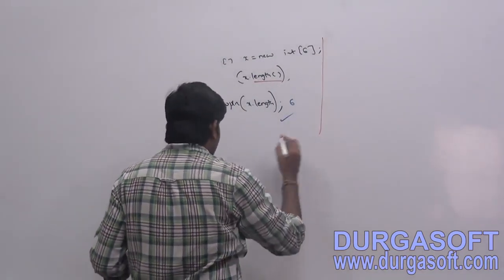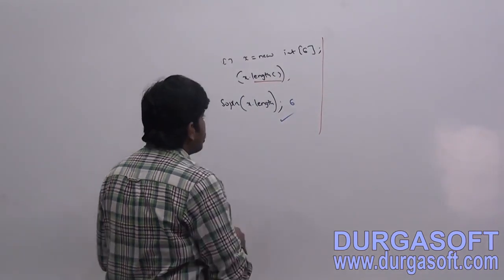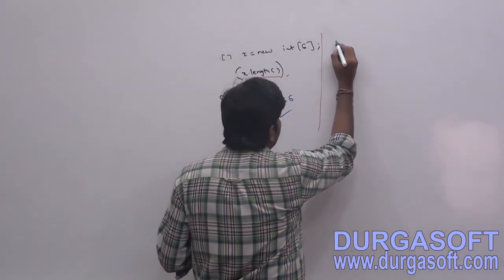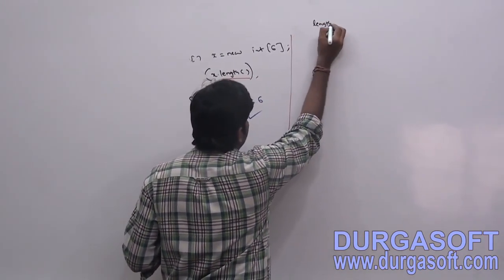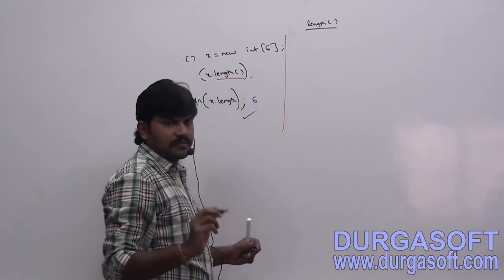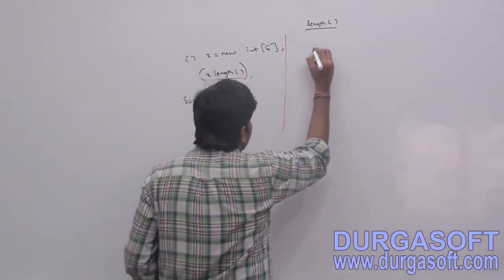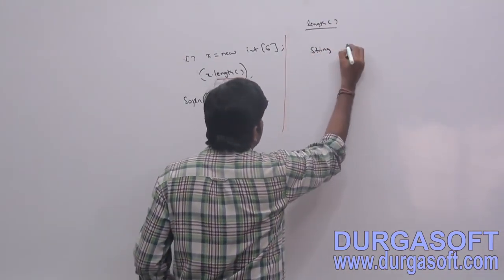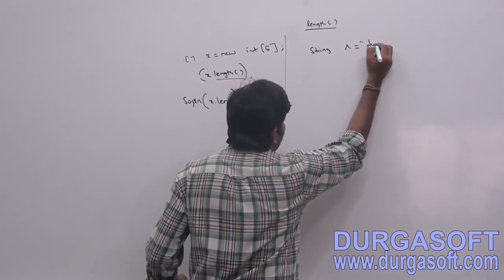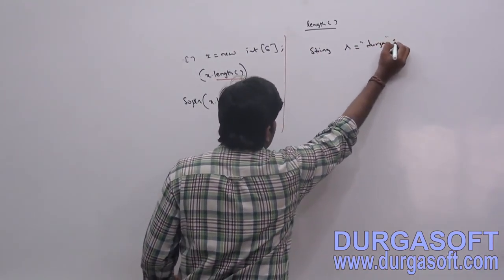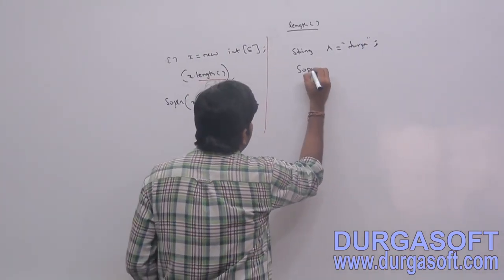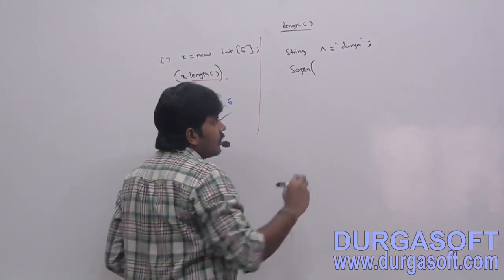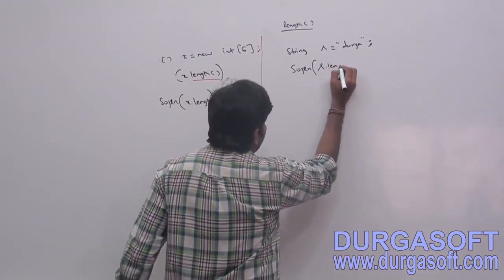Sir, here I am taking a String, where I have to talk about the length method. Observe: String s is equal to Durga. System.out.println of s.length.